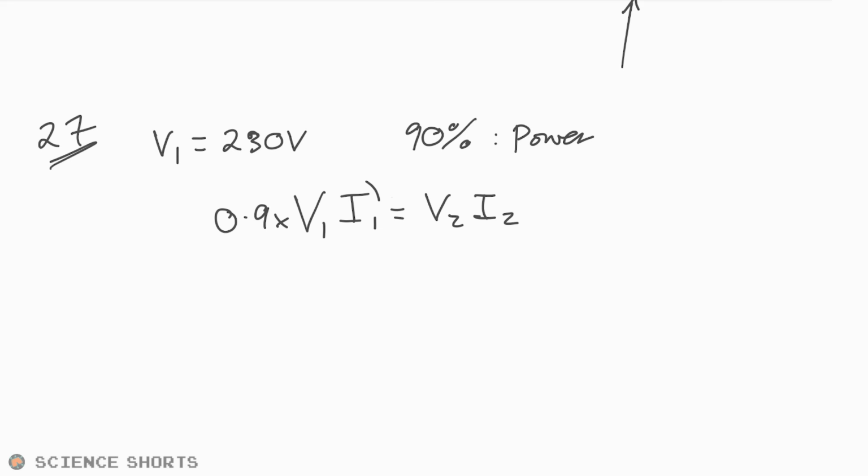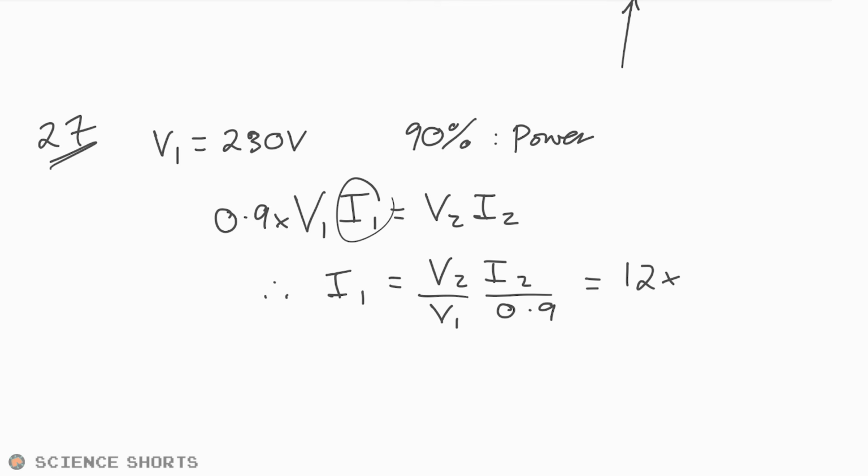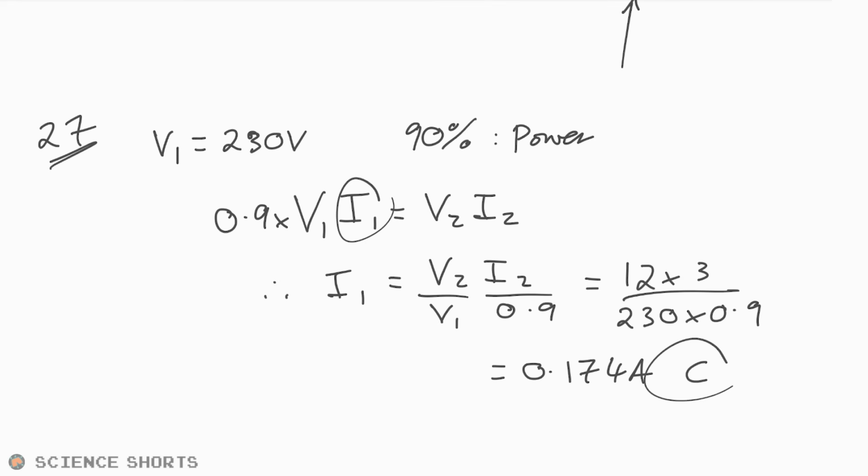We're just looking for I1. So rearranging this, we end up with I1 is equal to V2 I2 over V1. So I'm just going to say that that is 12 times 3 divided by 230 times 0.9. And I end up with 0.174 amps. So the answer is C.